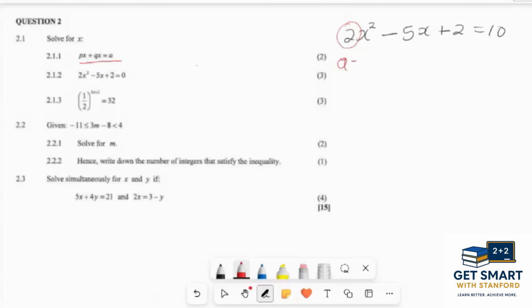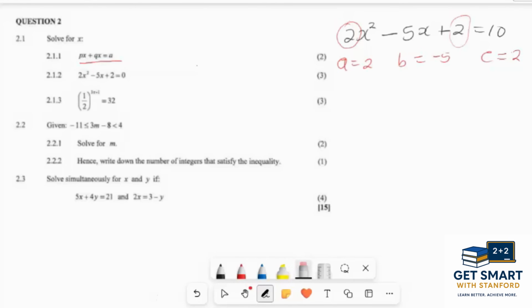Our value of a, which is the first term, is 2. In the second term, we've got minus 5. And the third term, which is our constant, we call it a constant because it is not a coefficient of anything. There's no variable that is multiplying onto that constant. Then our constant is 2.